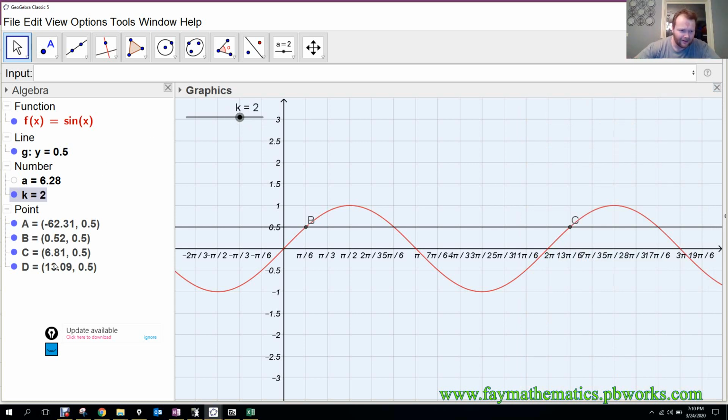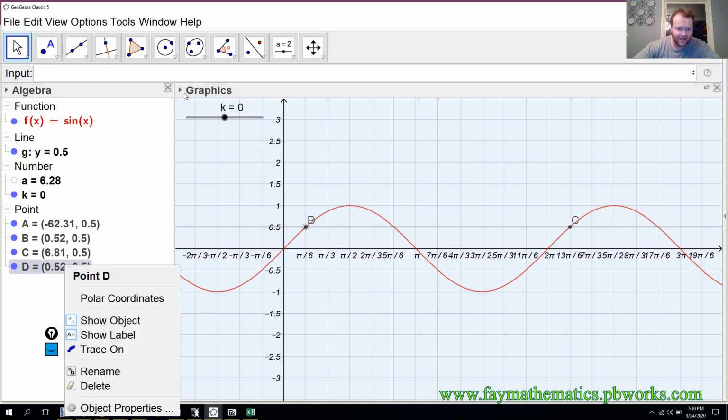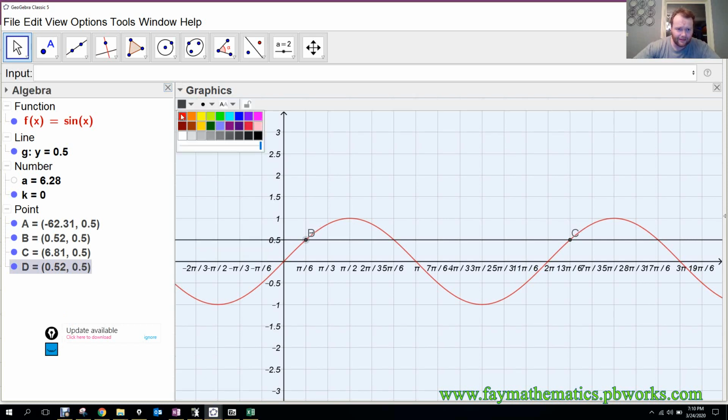Now if I make k go to the right, we should see this point here. Must be D that we're choosing. Okay, so there we go. Let's change that to a red X. So you can see here that when k was 0, we would have pi over 6 plus 0, which is pi over 6.